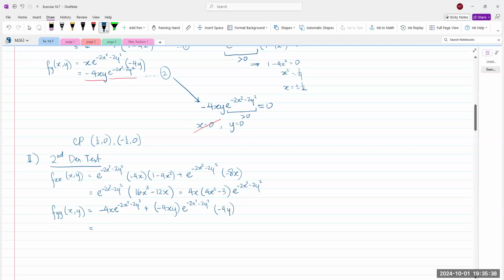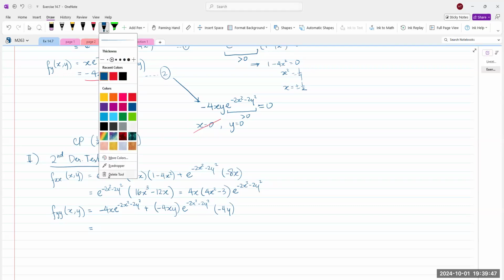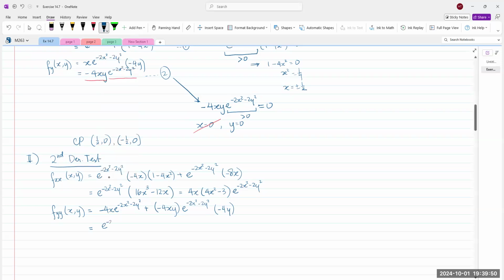If I simplify, the first term is not 16; the first term is only negative 4x.